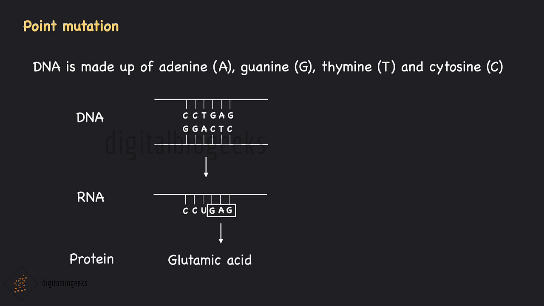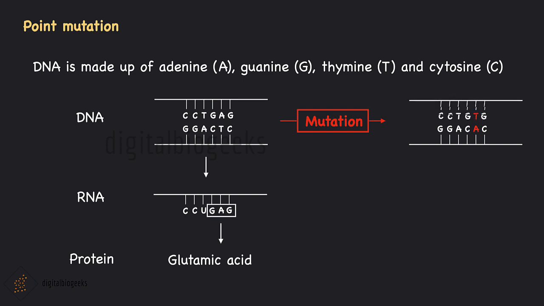But due to mutation, this T can be replaced by A. Hence, the sequence will be GGA-CAC. If thymine is replaced with adenine, then the other strand will also change accordingly. Here, instead of adenine, thymine will come.